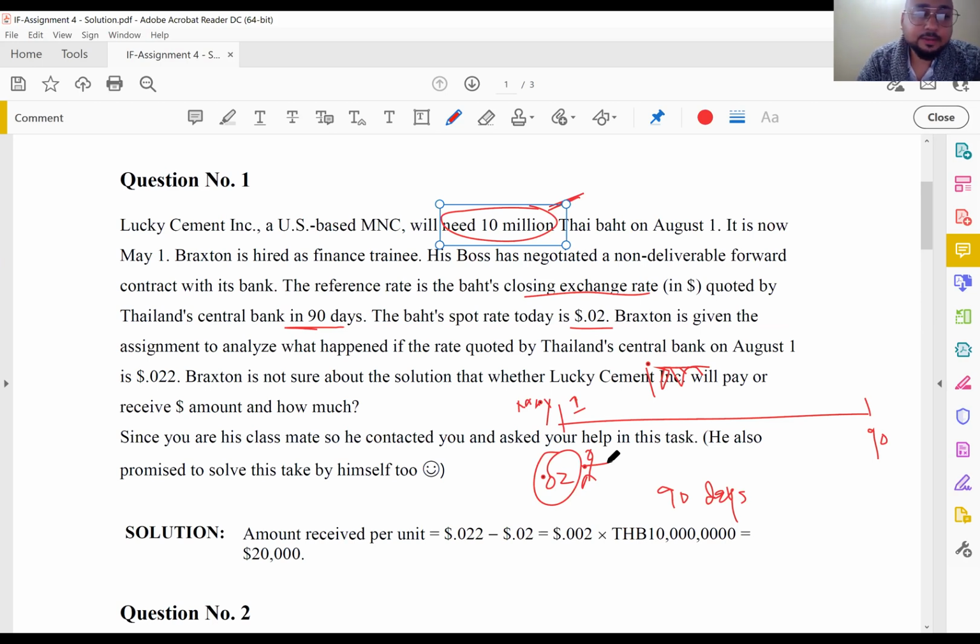So Braxton is given an assignment to analyze what happens if the rate quoted by Thailand's Central Bank on August 1 is 0.022. What is this? Is this the future spot rate, or what? Again, read the question.